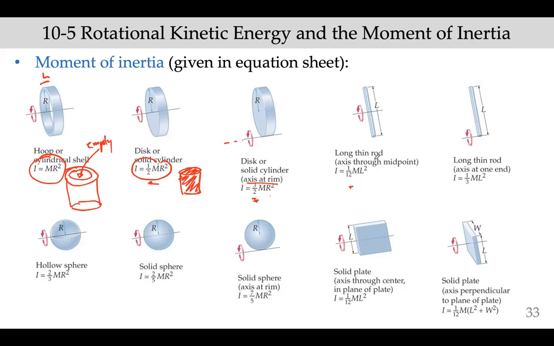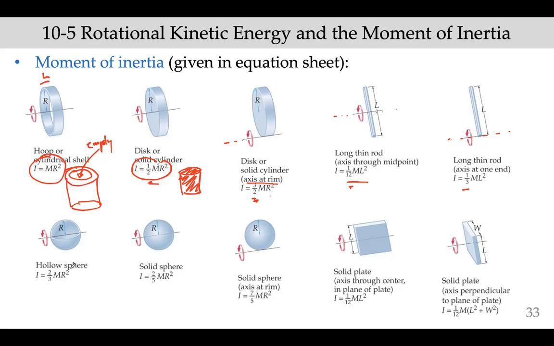For a long, thin rod, if it's rotated around its middle point, then you use 1/12 ml². If it's rotating around one of its ends, then you would use 1/3 ml².